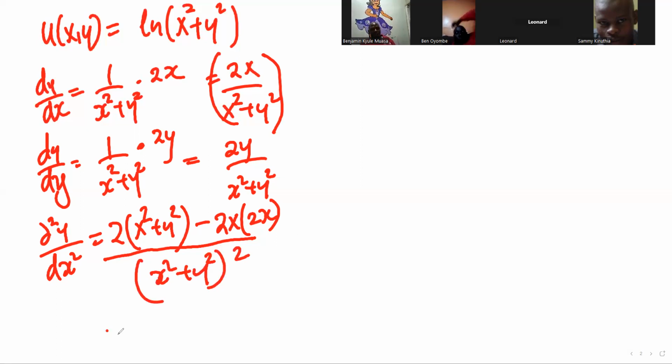So the final answer, when you expand, you get 2y squared minus 2x squared divided by x squared plus y squared, then you square. That's okay.